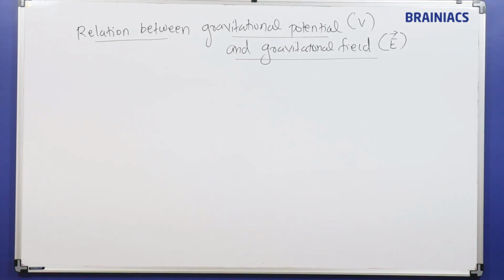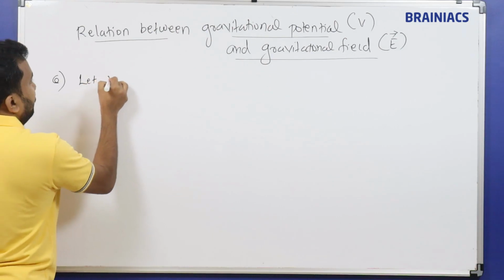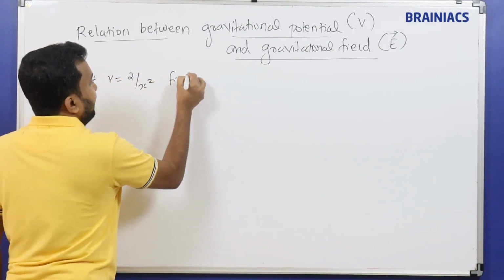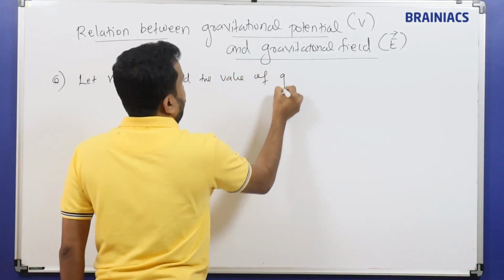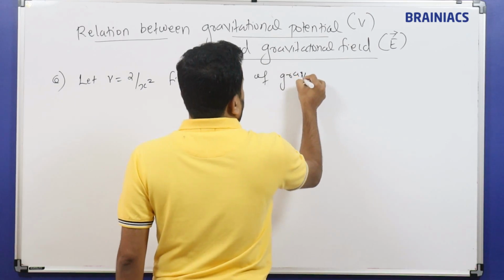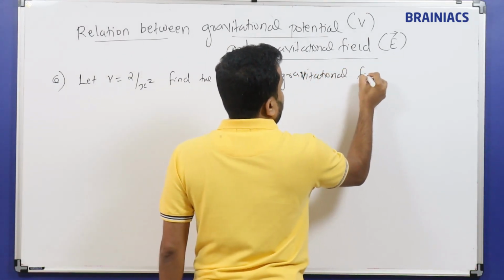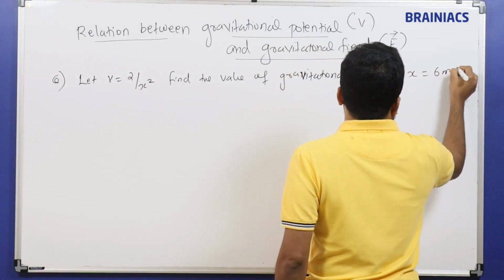So let's write one example question. Let V equal to 2 divided by x cube. Find the value of gravitational field at x equal to 6 meter.